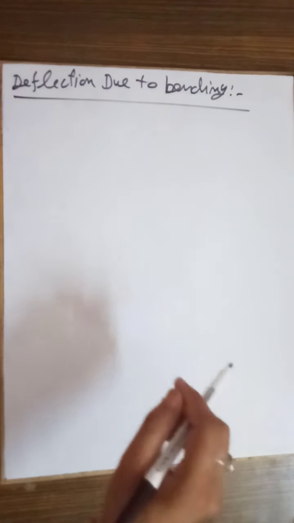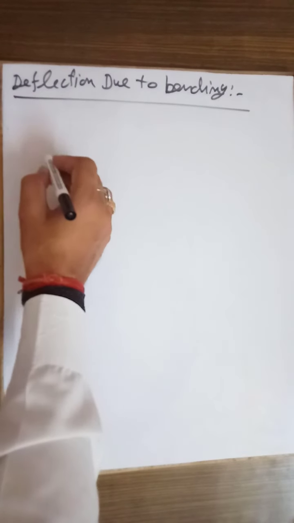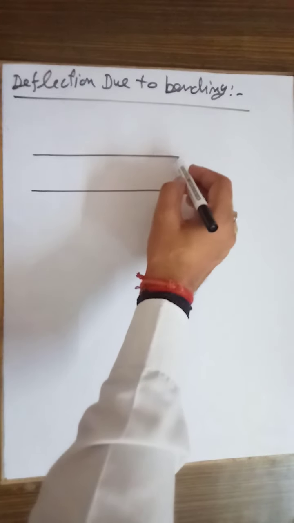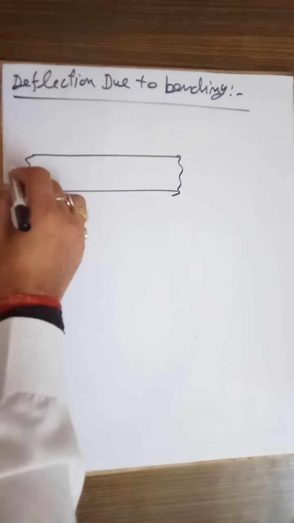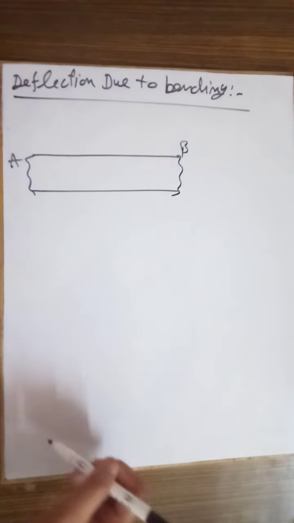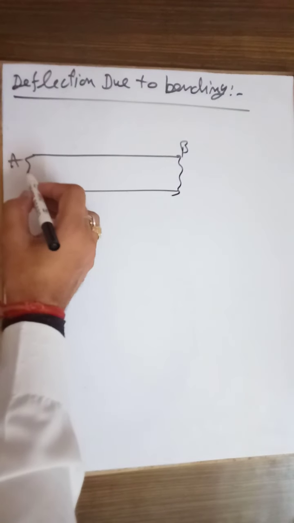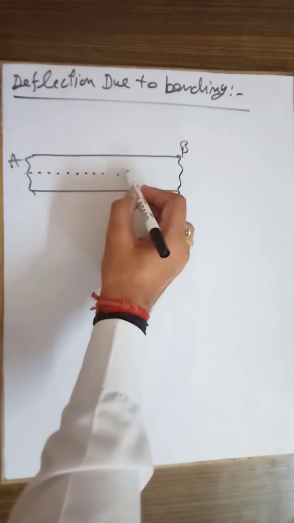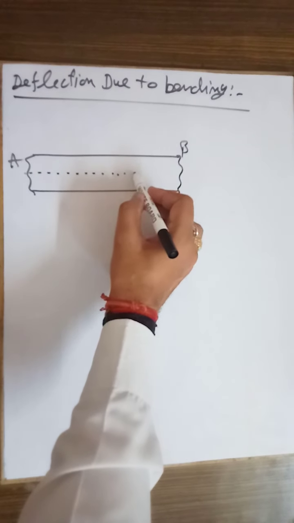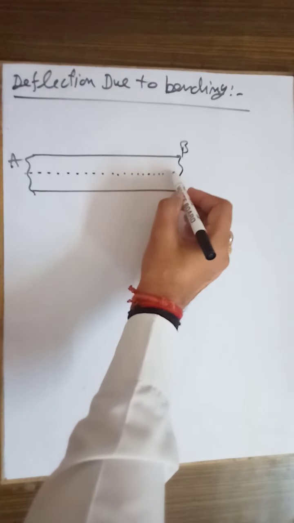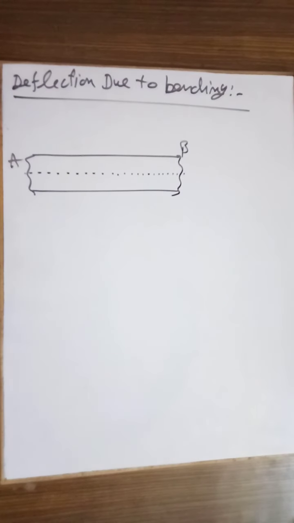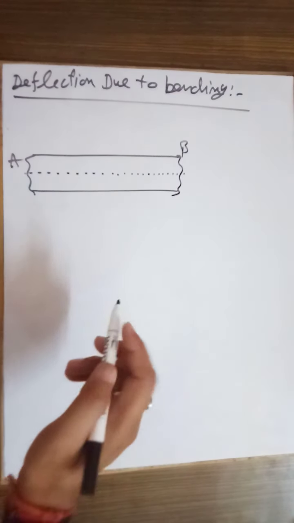For that, earlier we have discussed the beam. Let's say this is our beam AB and the neutral axis is the axis where the elongation or the compression is zero, meaning there is no elongation or compression in that part.